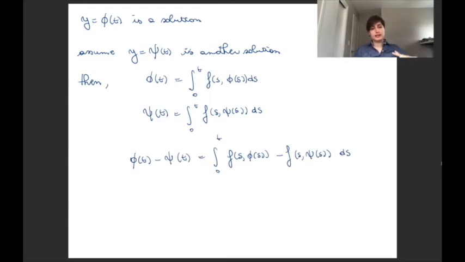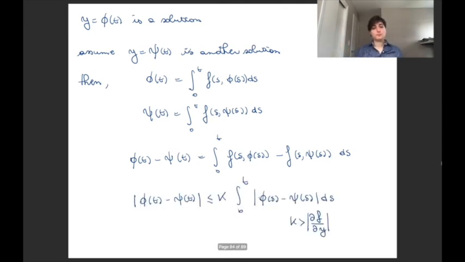We first subtract the two equations. So we have phi t minus psi t equals the integral of f s phi minus f s psi. Then we bound things. We take absolute values on both sides, and we bound phi t minus psi t by k times the integral of the absolute value of phi minus psi.